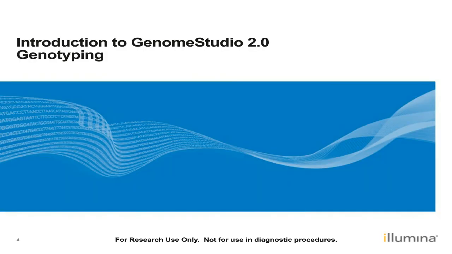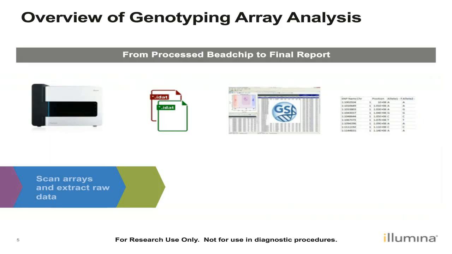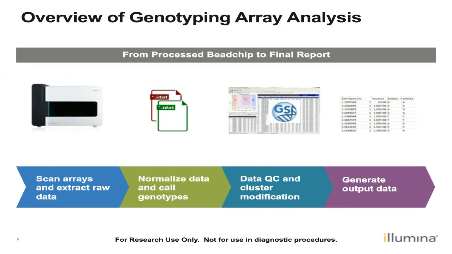So today's focus is on the GenomeStudio 2.0 genotyping. The purpose of genotyping array analysis is to go from a processed BeadChip to a final report. You have a scanner that scans the processed arrays and extracts the raw data in the form of intensity data, or IDAT files.